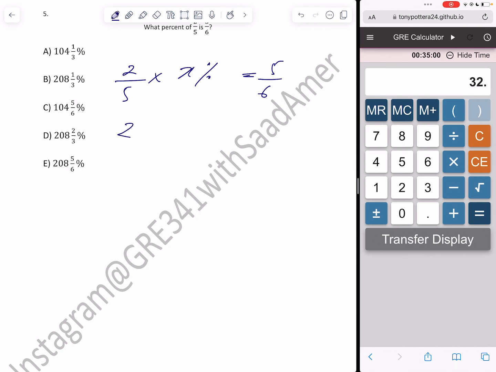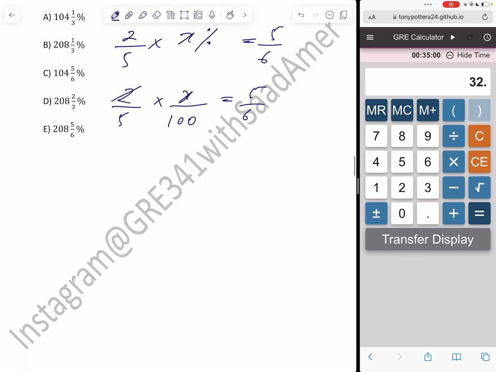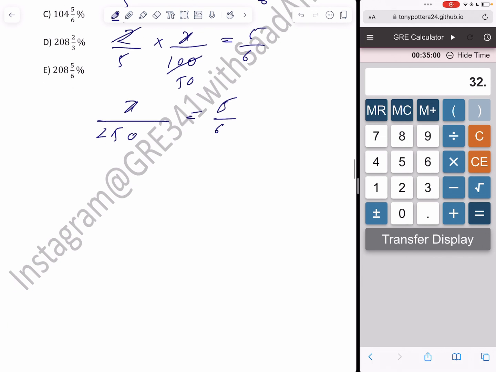So to find x, we'll just simplify this equation. x over 100 times 2 over 5 is equal to 5 over 6. Let's cross multiply. x is equal to 5 times 250 over 6.